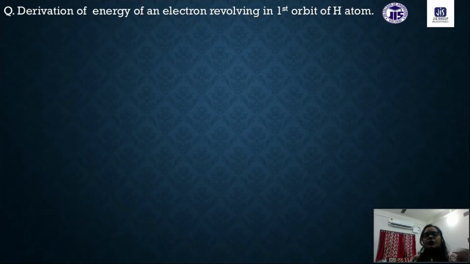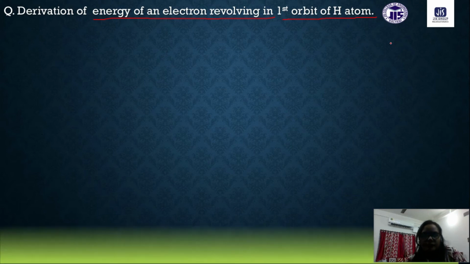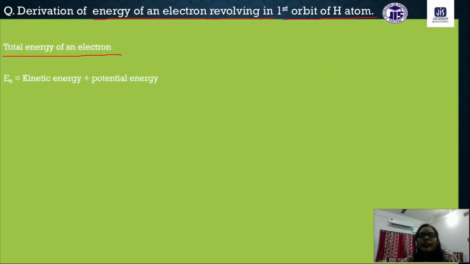Okay, next we will see how we can derive the energy of the electron revolving in the first orbit of the hydrogen atom. So now we will see the energy of the electron. The total energy of the electron is given by kinetic energy and potential energy.